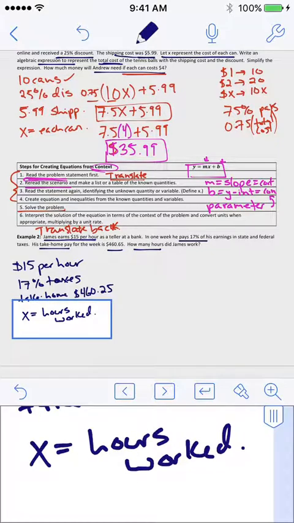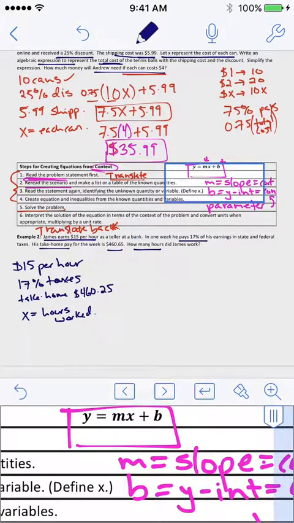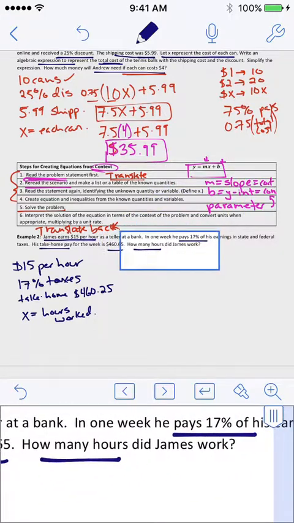The only thing we have to be careful of now is which variable are we defining here? When we create an equation, we end up with 2 variables. Y equals 3x plus 4, right? Y equals 9x plus 5. You have to wonder, are you worrying about x or about y? In this case, I'm going to set up hours as x, because even in exponentials, x ends up being time most of the time.